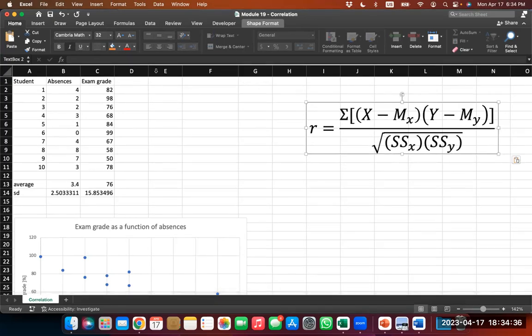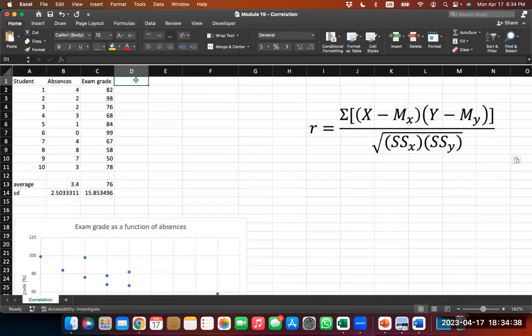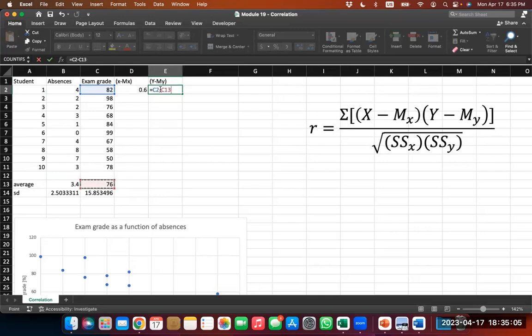So we are now quantifying x minus mx, and we need y minus my. That's this minus this.